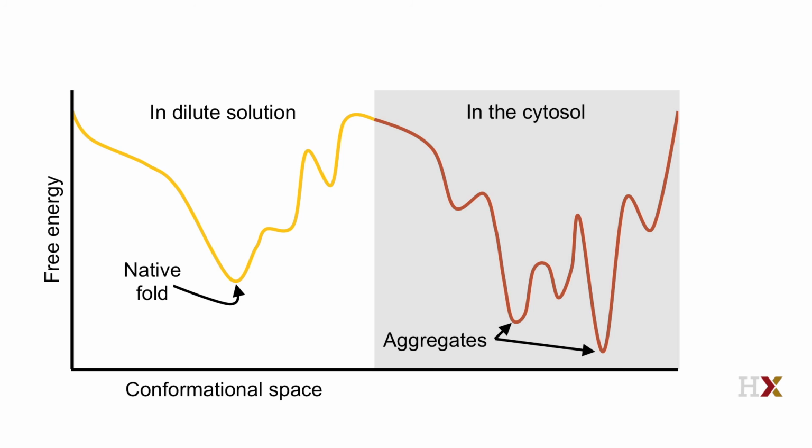But aggregates are even more nefarious than that. For example, here's an electron micrograph of aggregates of a peptide called amyloid beta. And these aggregates are one of the pathogenic features of Alzheimer's disease. So you can see that aggregates can be really deleterious to cellular functions.